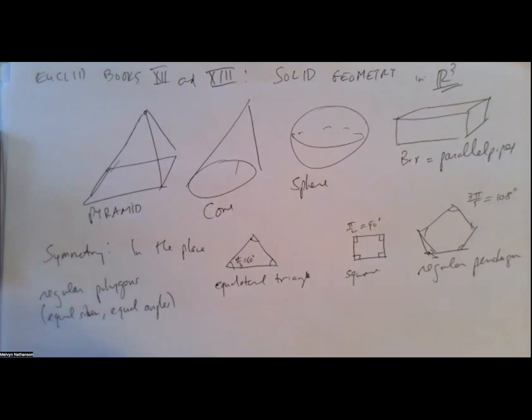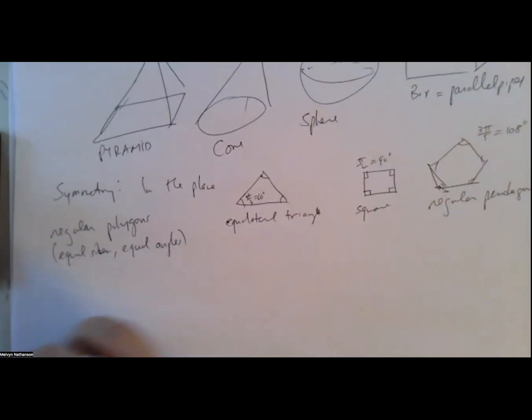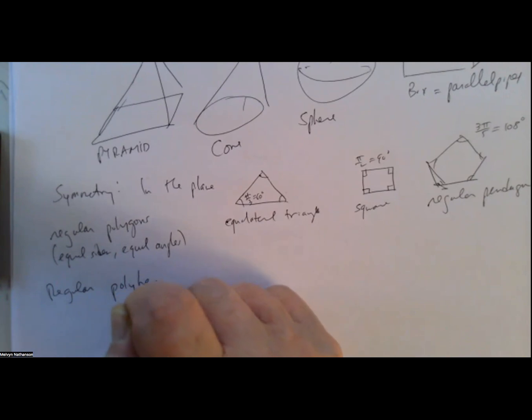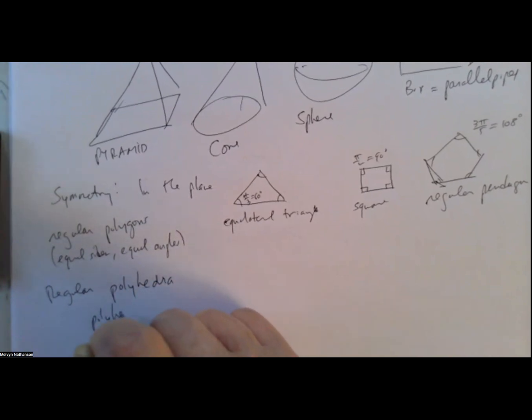So what is the analog in space? In space are what are called regular polyhedra. The singular is polyhedron.